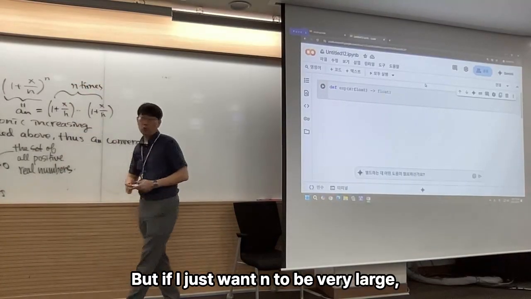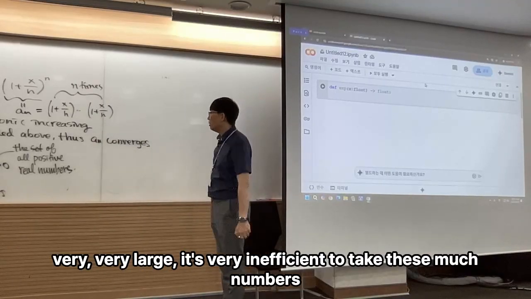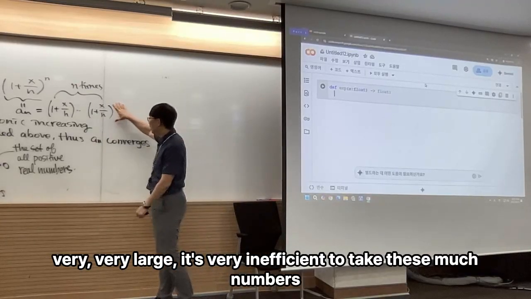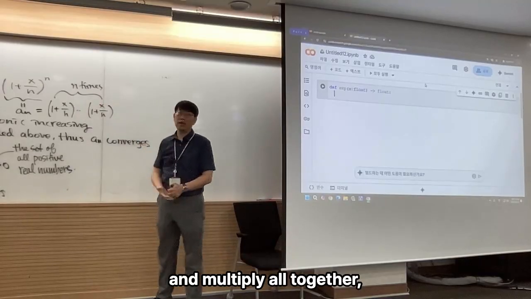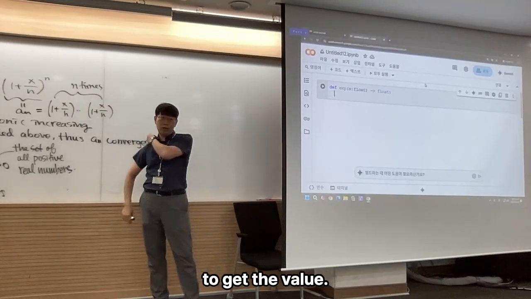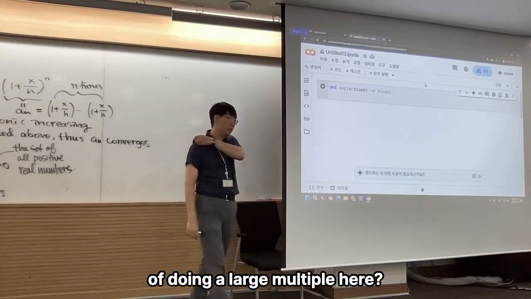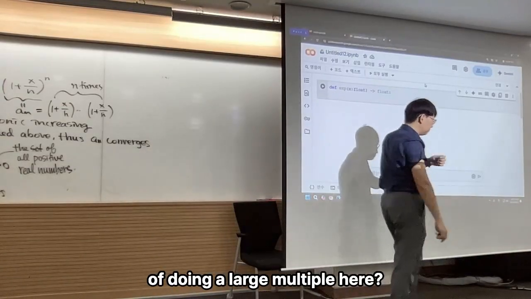But if I want n to be very, very large, it's very inefficient to take that many numbers and multiply them all together, because we have to loop that many times to get the value. So what would be the clever way of doing a large multiplication here?